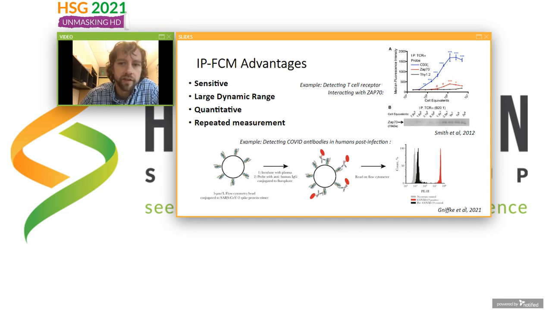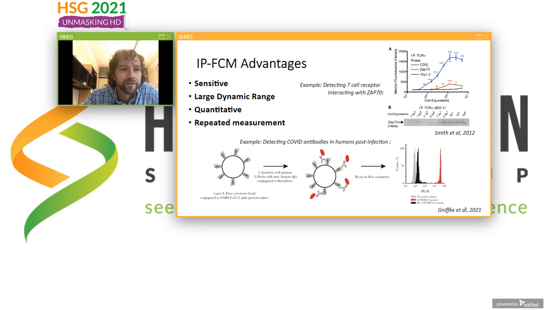You can see how as we put in fewer and fewer cells into our reaction, the signal goes down. But if you compare to the Western blot next door, we can be orders of magnitude more sensitive than a Western blot when we use IPFCM.